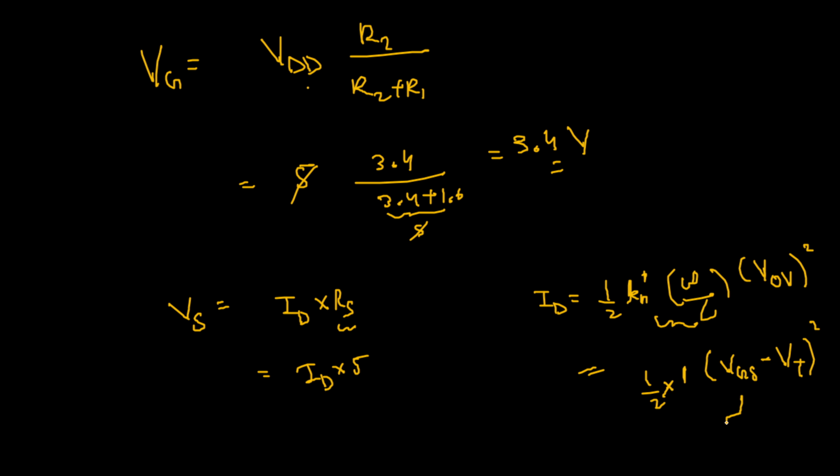Let's write VGS as VG minus VS, because that is the potential difference between gate and source. We found VG sometime back to be 3.4. So we can write 3.4 minus 5 ID, which was the value of VS, minus the threshold voltage, which is given to be 1.